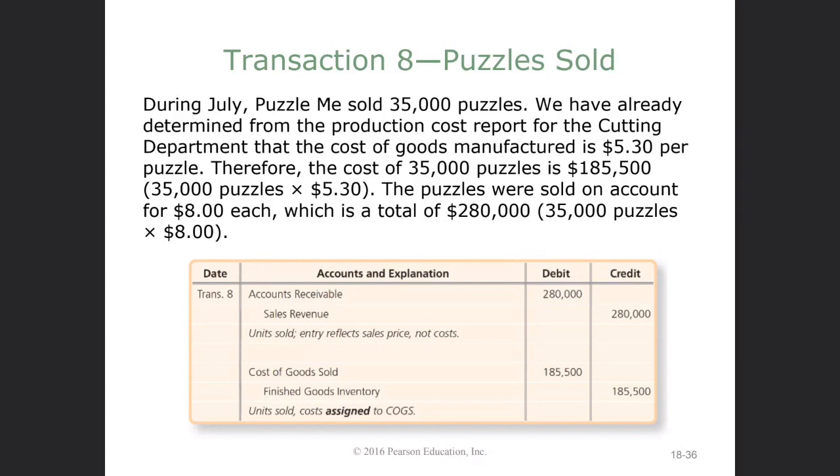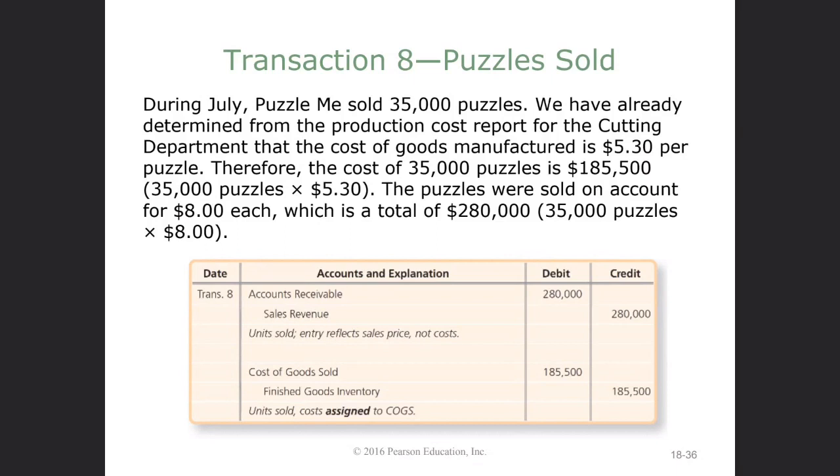If you wanted to take it a step further to figure out what you actually made, you would take the total amount sold, which is $280,000, minus the total cost of $185,500, and that would give you your earnings.